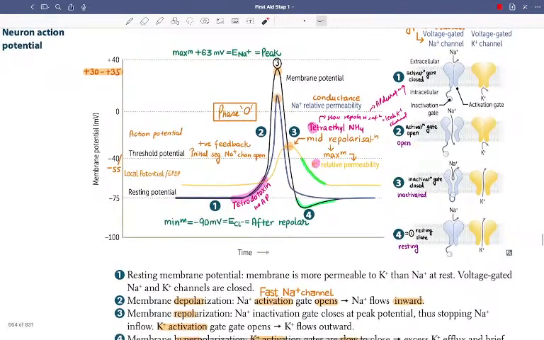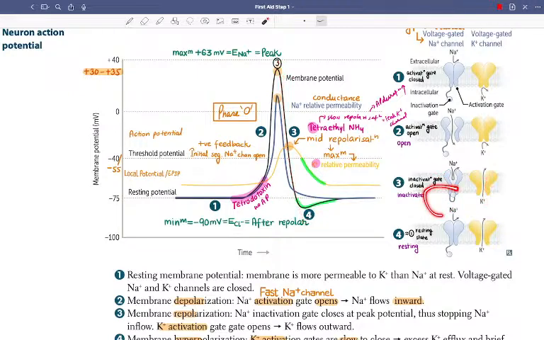Now this lowering, when the potential starts coming down, that is when the inactivation gate is closing. Initially the activation gate opens and you have the fast upstroke, and when the inactivation gate closes, you have the downward motion, when potassium is getting out.